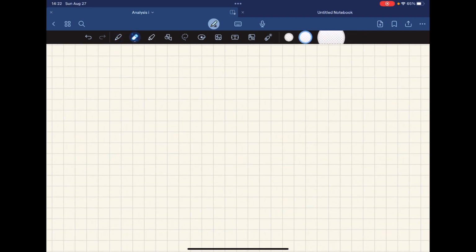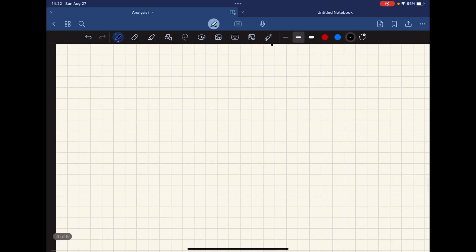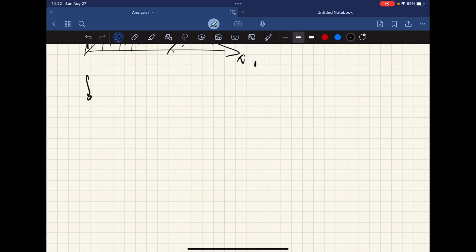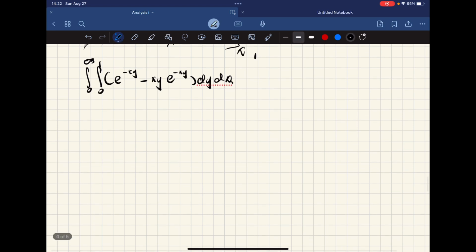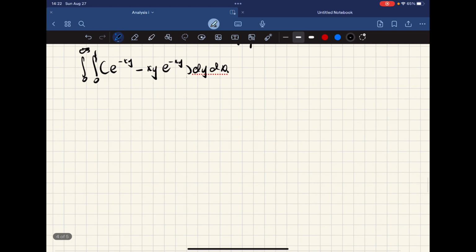So let's consider this integral. The idea is that we first integrate it this way. What we end up getting, I will leave as an exercise for the viewer who has learned multivariable calculus on their own, is just 1.